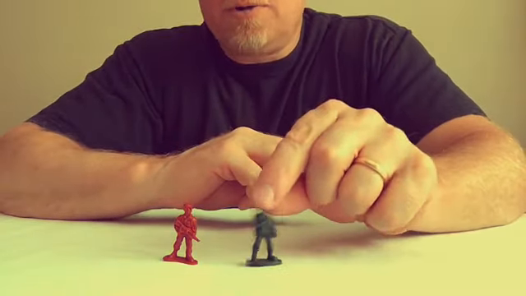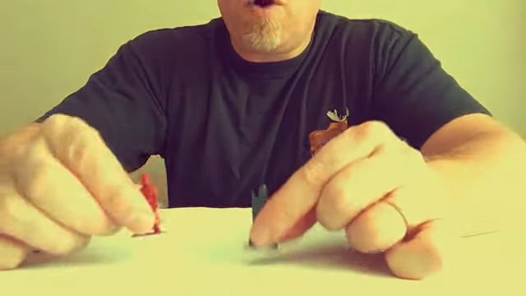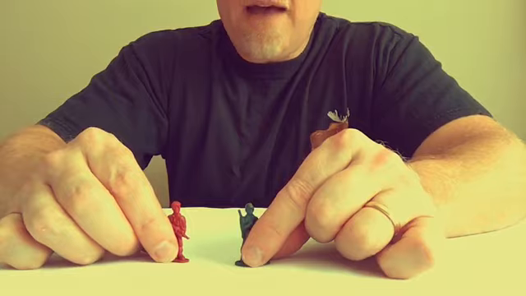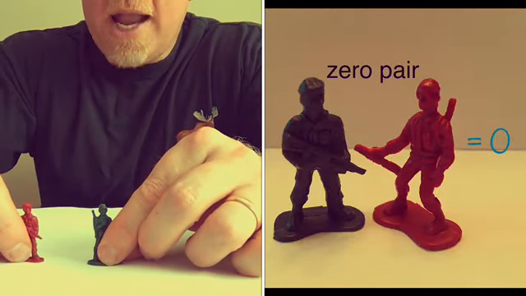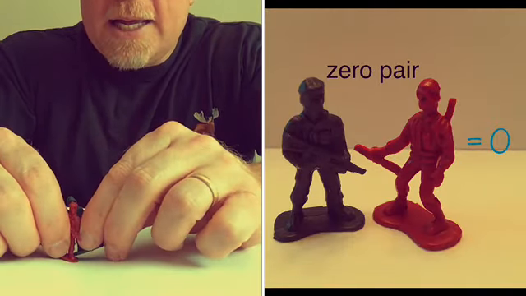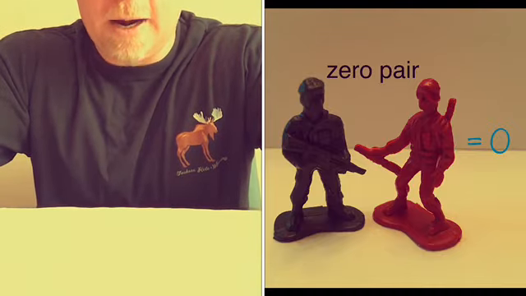Anytime you see a green soldier, he's worth +1. Now, that zero pair comes from one of each. If they are both the same value, and I have one positive and one negative, they cancel each other out. So one positive soldier, one negative soldier make nothing. They make 0. We call that a zero pair.